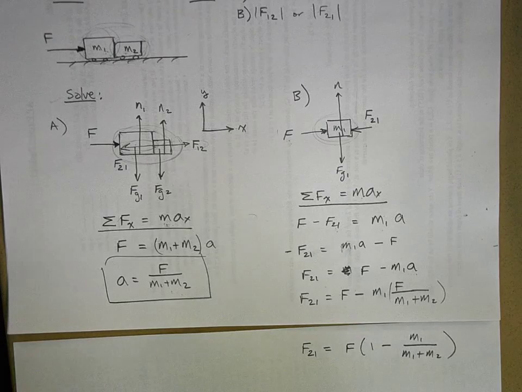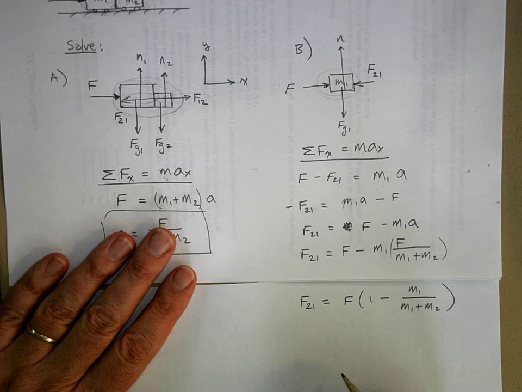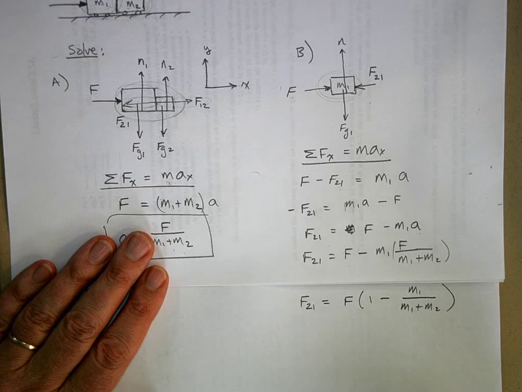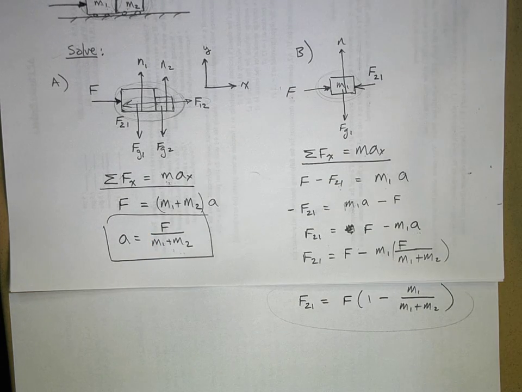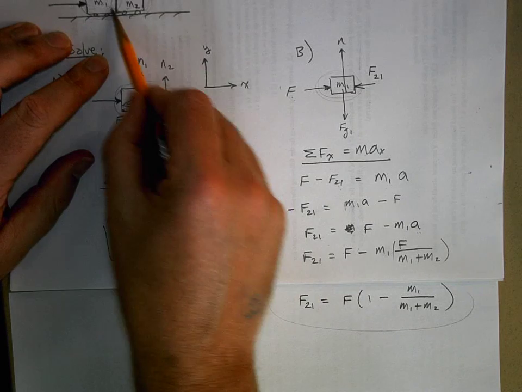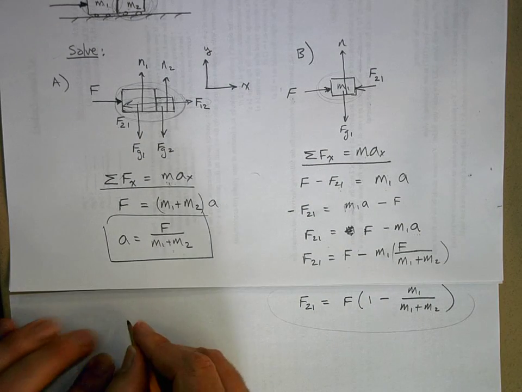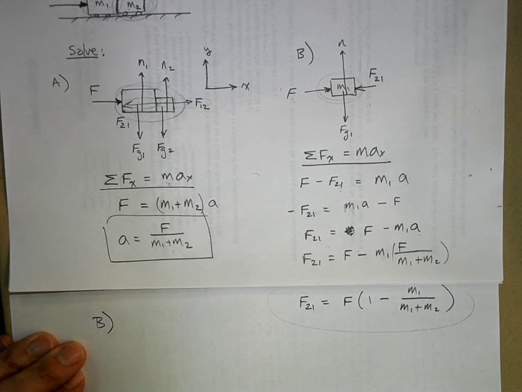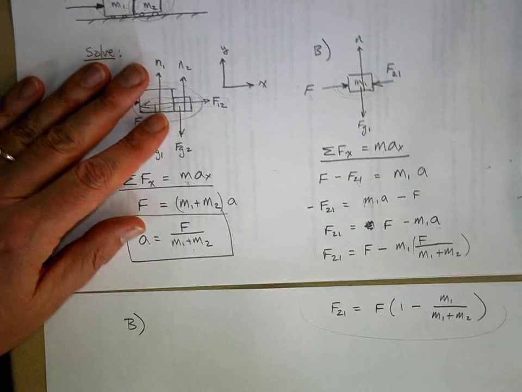Now there's another way we could have done this. This was the harder way. I'm going to just take a look at M2. Draw a free body diagram of M2. So here's the alternative solution to B. Just tilt the camera.